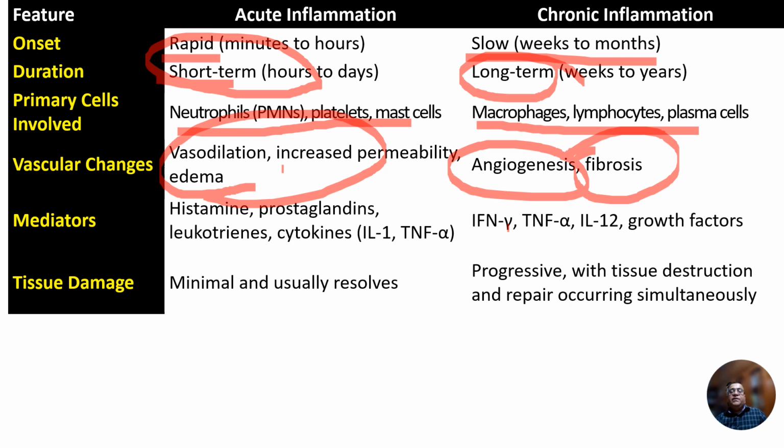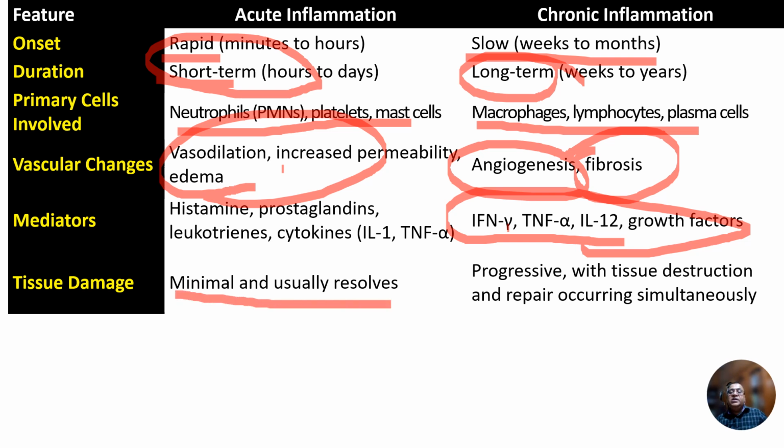The mediators of acute inflammation are mainly histamine, prostaglandin, leukotriene, and cytokines such as interleukin-1 and tumor necrosis factor alpha, while interferons and interleukin-12 along with growth factors are the major mediators of chronic inflammation. In acute inflammation, the tissue damage is minimal and usually it is resolved, while in chronic inflammation, there is destruction of the tissue progressively and there is simultaneous attempt at repair.